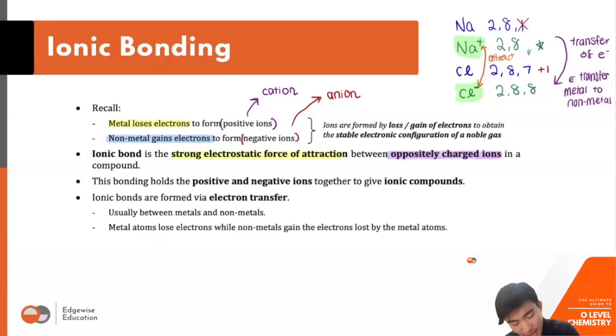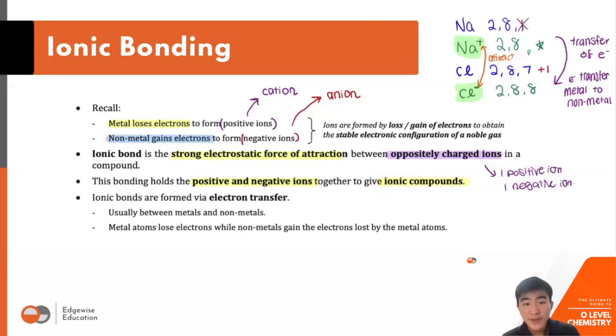That means it is definitely going to be one positive ion and one negative ion. Now, this bonding holds positive and negative ions together to give an ionic compound. So when there is an attraction between a positive and a negative, they will form a compound. It's called an ionic compound.